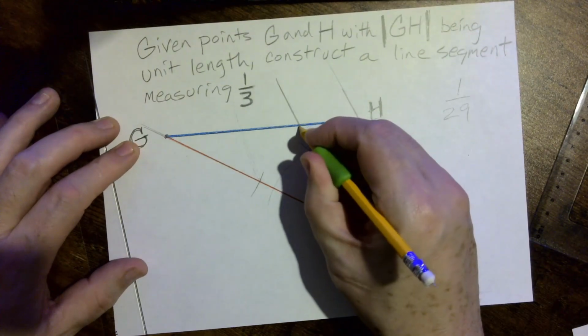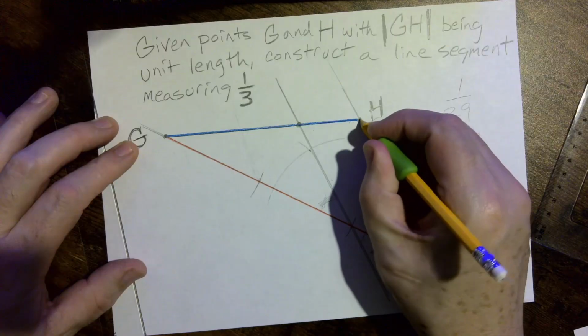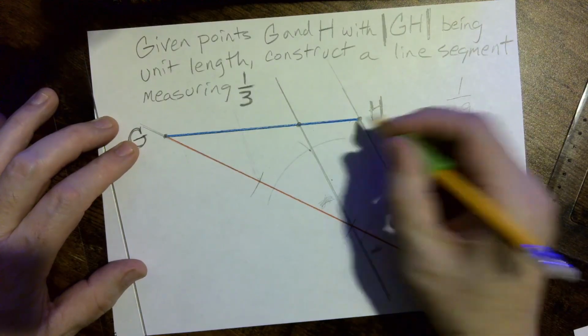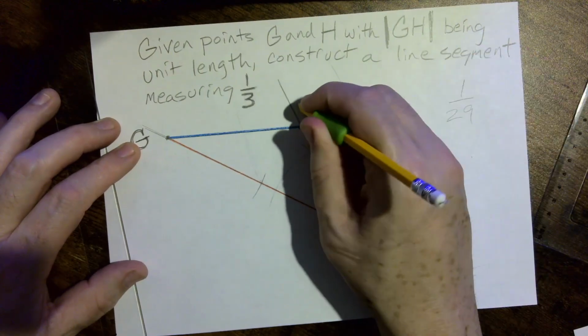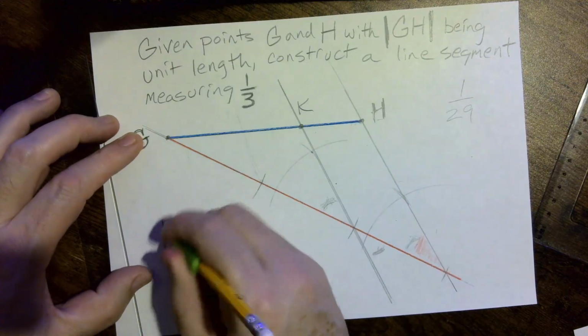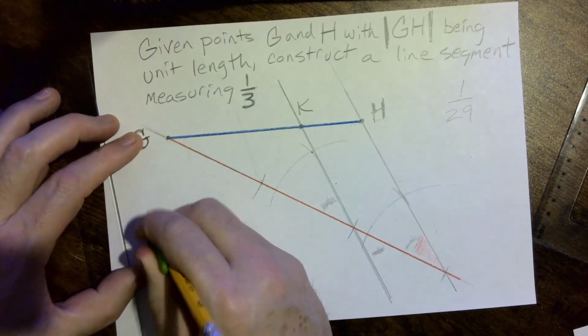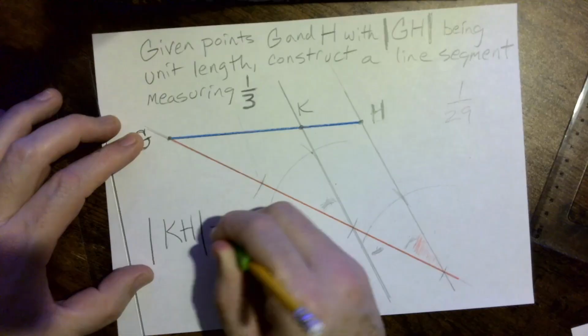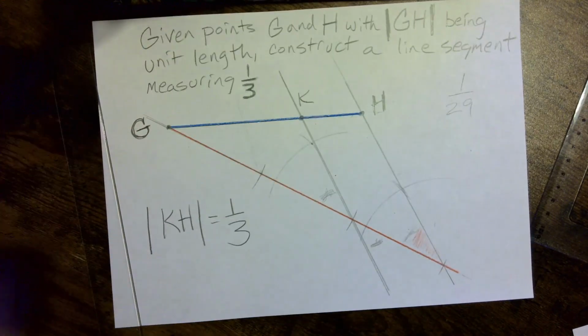So all I need to do here, label that point H, I don't know, call it K. KH. That is equal to 1 over 3.